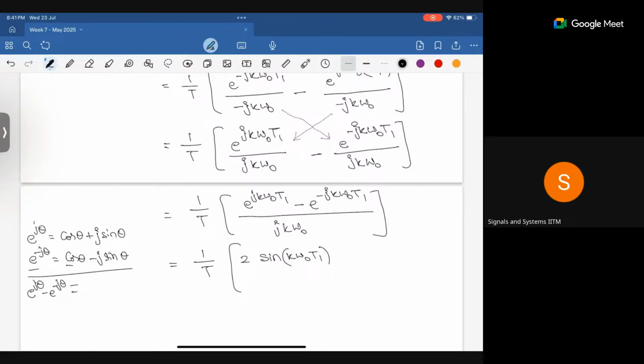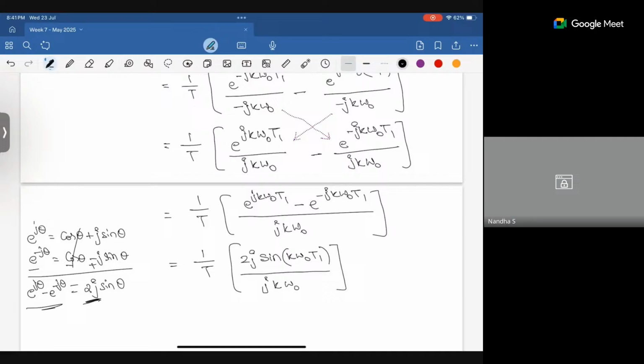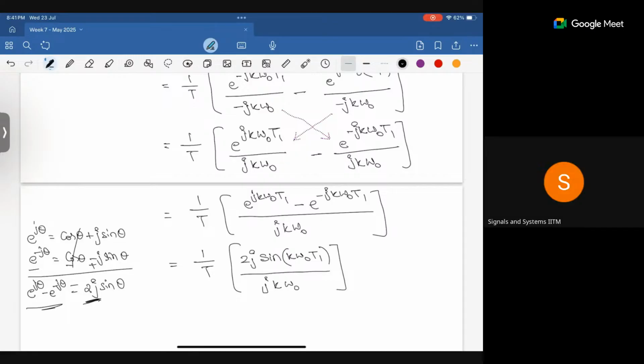On the right hand side, these two will get cancelled out. We will have 2j sine theta. So there will be 2j also in the picture divided by j k omega naught. So here there will be some cancellations. We'll just cancel them out.